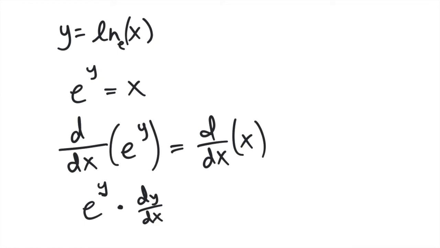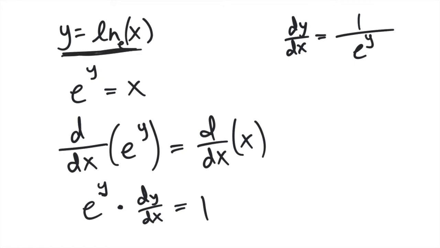Remember, anytime you take the derivative of something with a y in it, you need a dy dx. And then you still just get 1 on the right side. Great, solve for dy dx. Move the e to the y over to the other side, and so you get dy dx is 1 over e to the y. But oh yeah, what's y again? That was the original natural log of x.